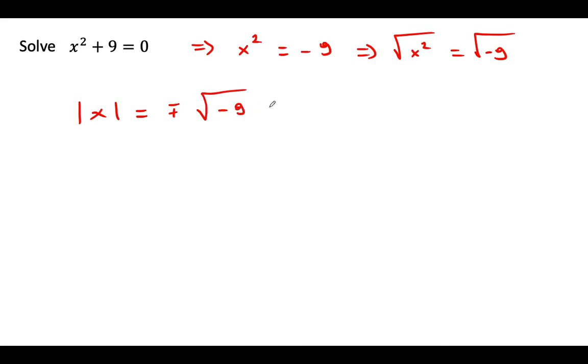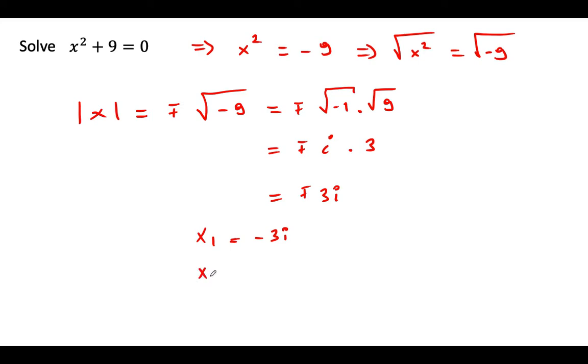But root -9 is not a real number, so we have to express it in the form of -1 times positive 9. Then it will be plus minus, instead of root -1, i times root 9, which is 3. So the result is plus minus 3i. So x1 is equal to -3i and x2 is equal to positive 3i.